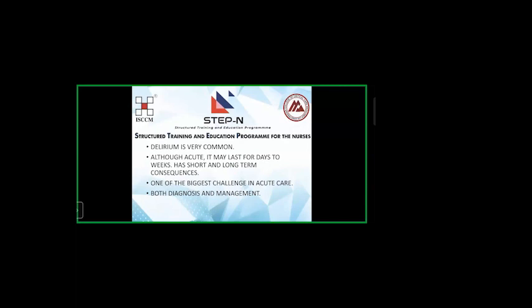It is very common, so it's something which we come across, and although acute in onset, it may last for days to weeks and has short-term and long-term consequences. Generally, when we pick up delirium in patients admitted in our ICU, we follow them all throughout their course of illness, even if they go out of the ICU and stay in the ward, and at the time of discharge, we make sure that we look into their delirium component, explain it to the family that this can have implications after he goes back home, especially for people who already have cognitive deficits from before.